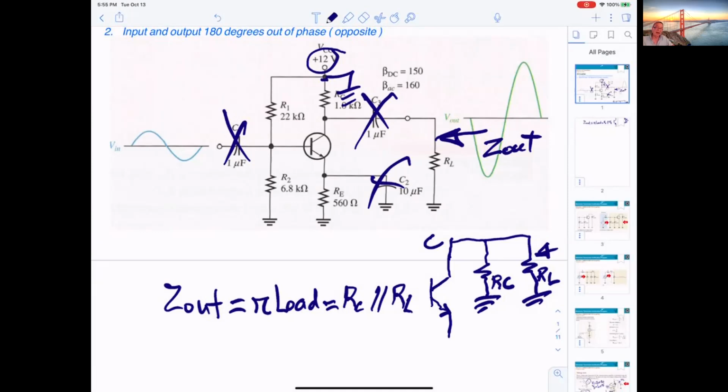So the output impedance will equal RC parallel RL, calculated by RC times RL divided by RC plus RL. Now, in case they say the load is only RC and don't tell you RL, that means they are not using a load. If they are not using the load, the output impedance is only RC.